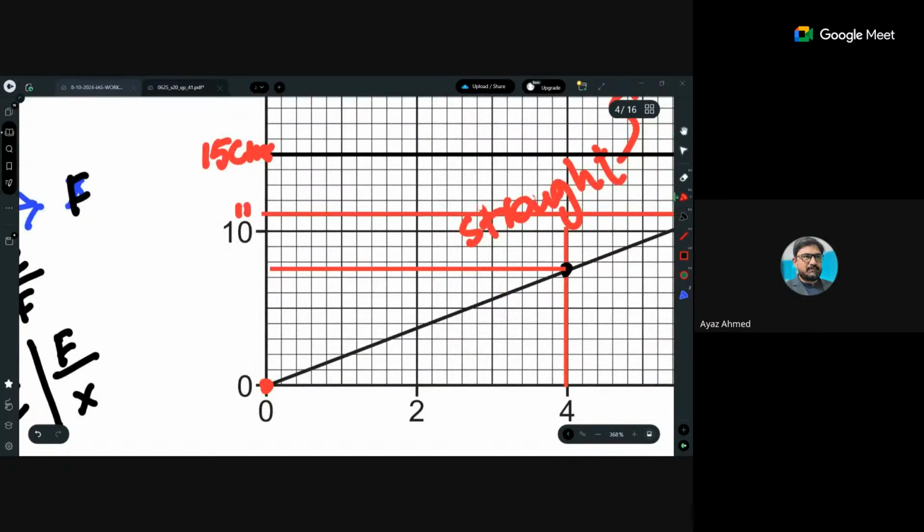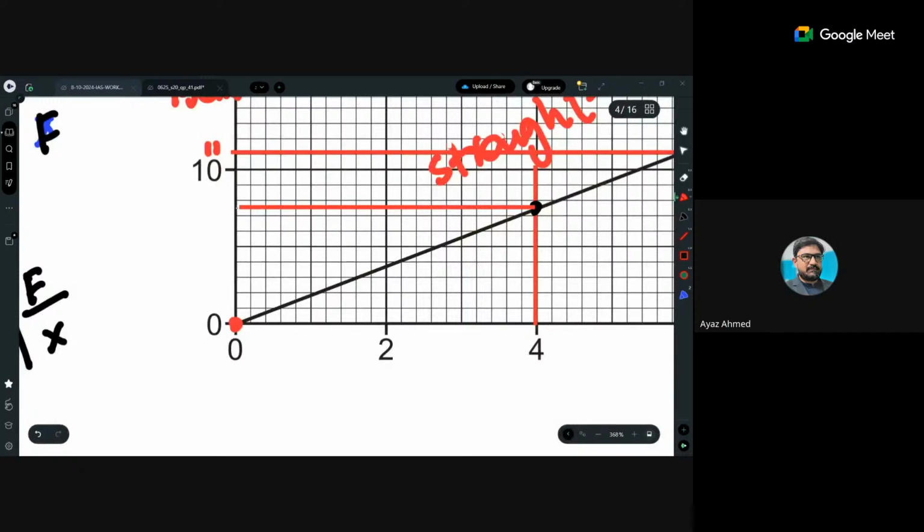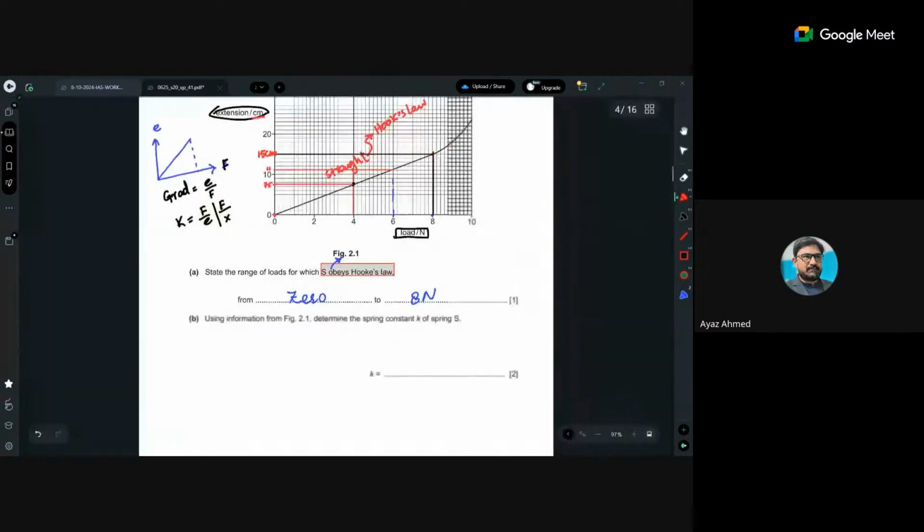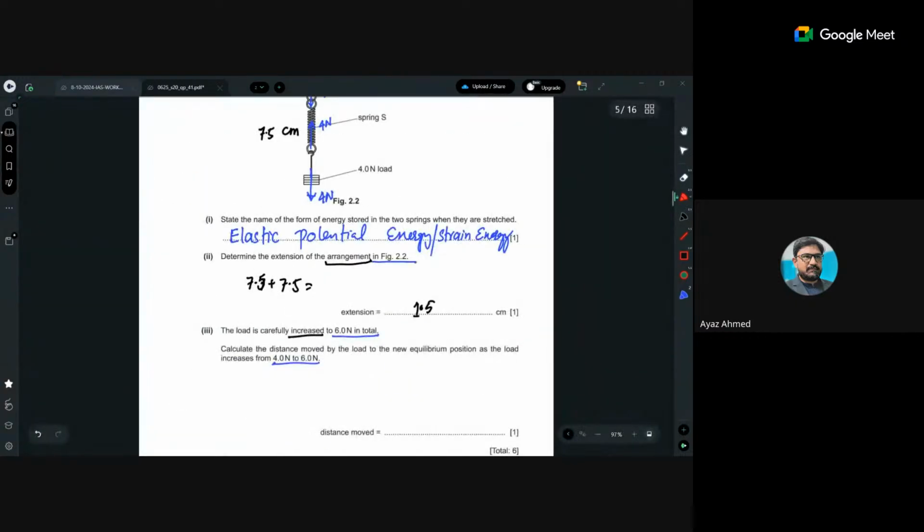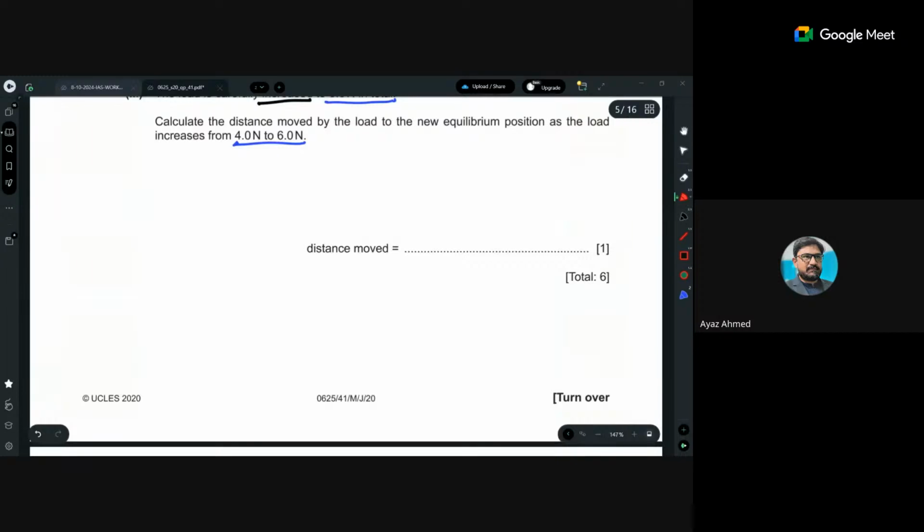Okay. So before that, it was 7.5. So what is the new extension in each spring? In each spring, the extension is 10 minus 7.5, which is how much? 2.5 centimeter. Got it.